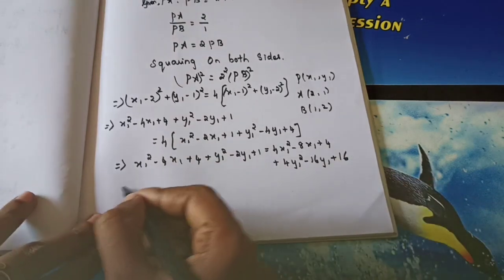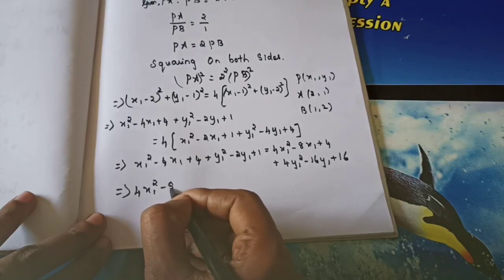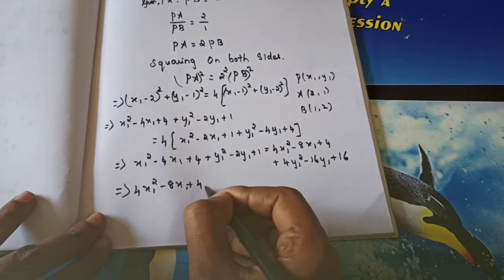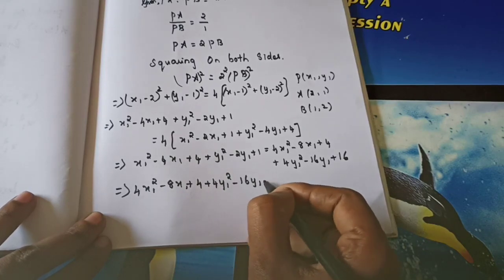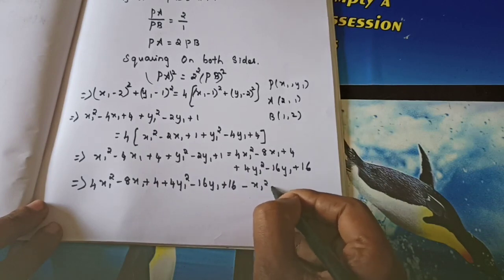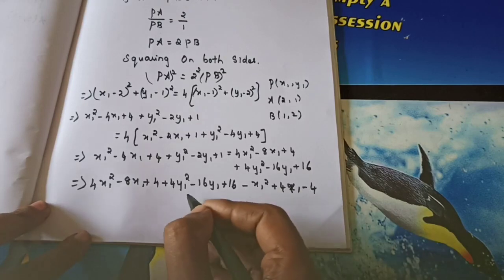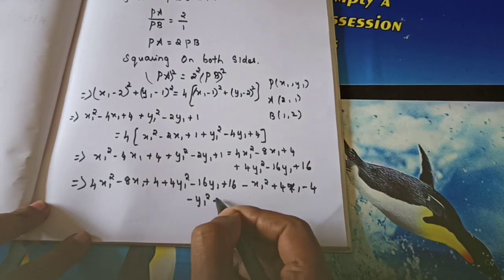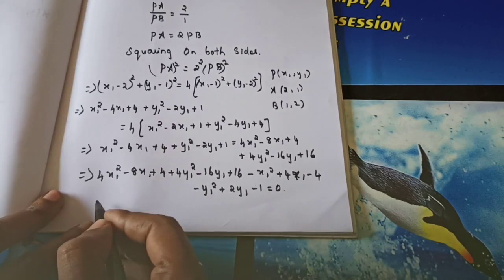Bring all the terms to one side, this side. So 4x1 square minus 8x1 plus 4y1 square minus 16y1 plus 16 minus x1 square plus 4x1 minus 4 minus y1 square plus 2y1 minus 1 is equal to 0.